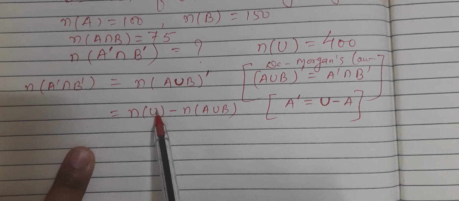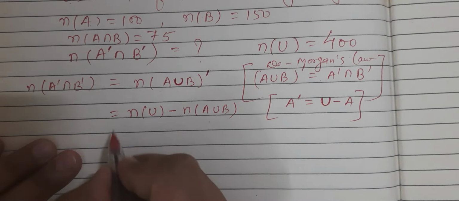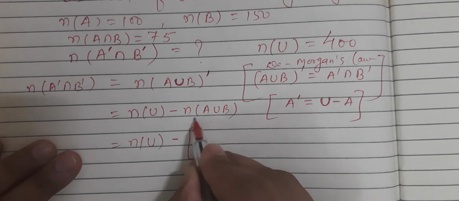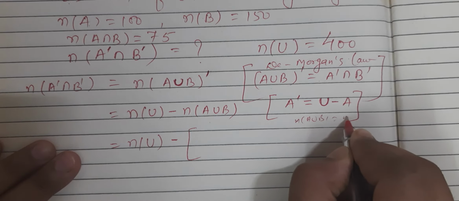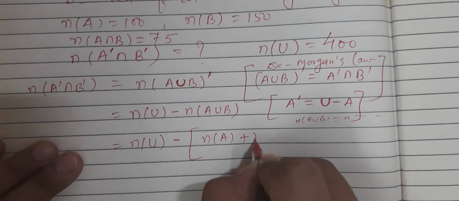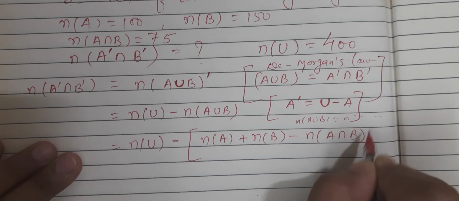Now this value is given in the question, and here we can use the formula N(A union B) equals N(A) plus N(B) minus N(A intersection B).